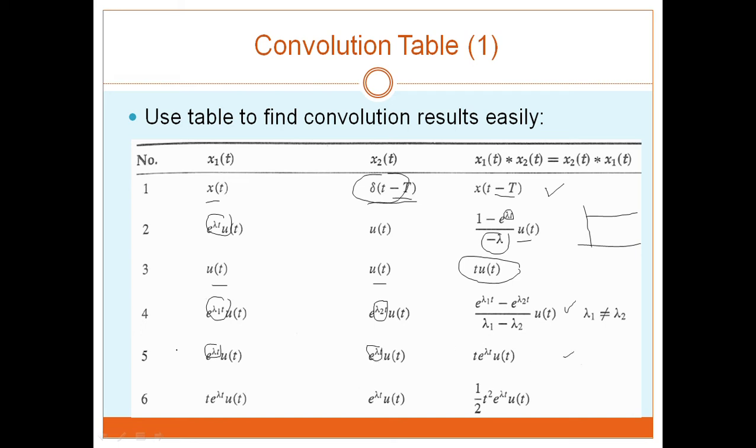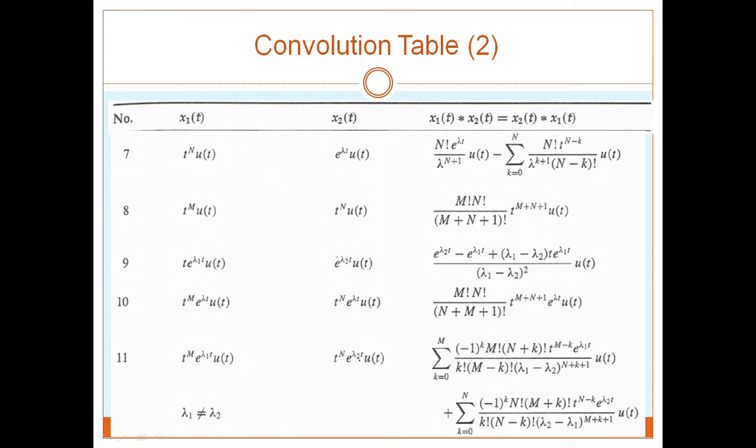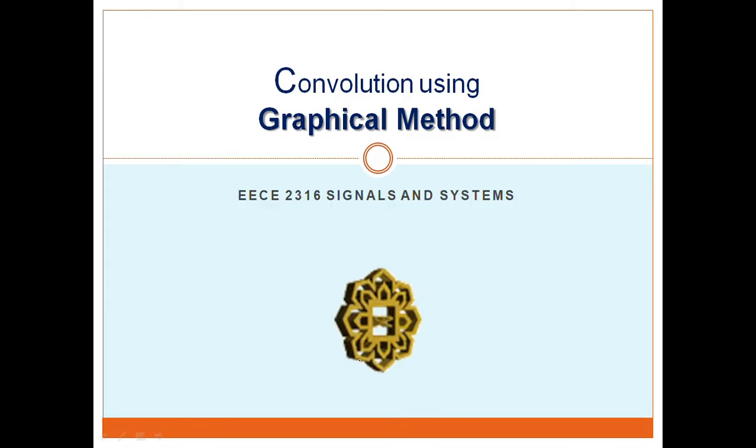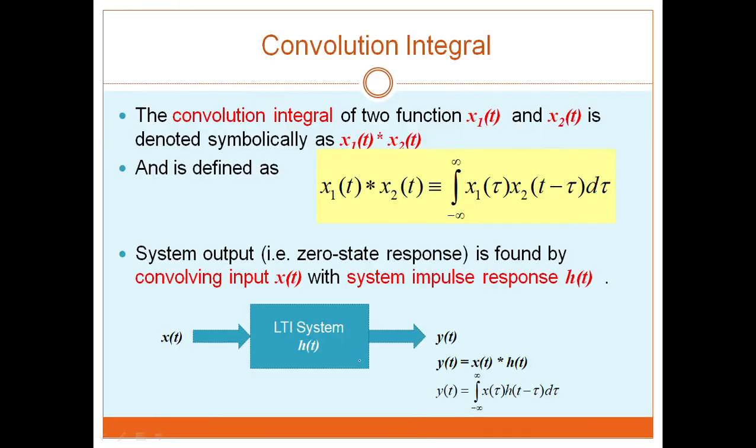You can refer to the table, just identify the first signal and second signal according to the table. So there are a lot of choices that you can use, right? The next one, we are still in the convolution integral.